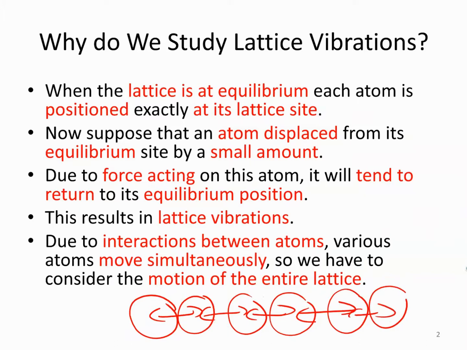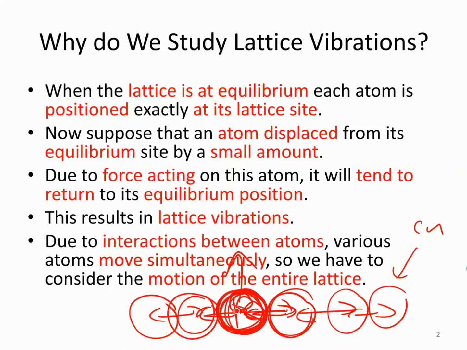For example, if you look at copper, Cu, copper binds with another copper with metallic bonding. So when this atom, let's say atom R, is trying to move upward, then the nearest neighbor atom will try to pull it down to the original equilibrium position. Why? Because they have bonding between them.